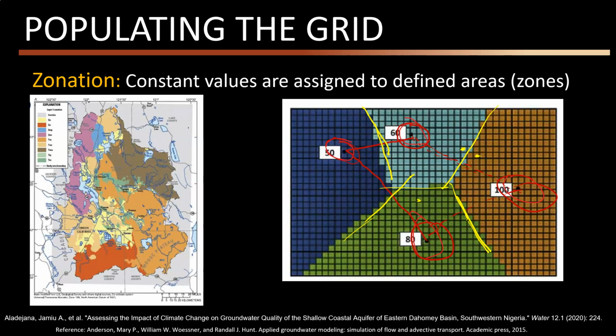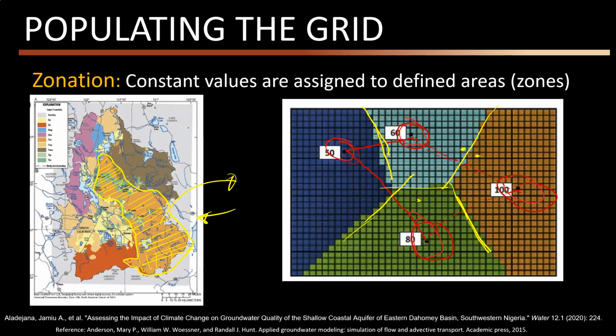Okay, and using techniques like this, I can also use geological maps like what I see here, and I force the system to say that, for example, for these cells, if the cells are here, use a specific number. But the idea in the zonation technique is that the value is constant within the entire zone.